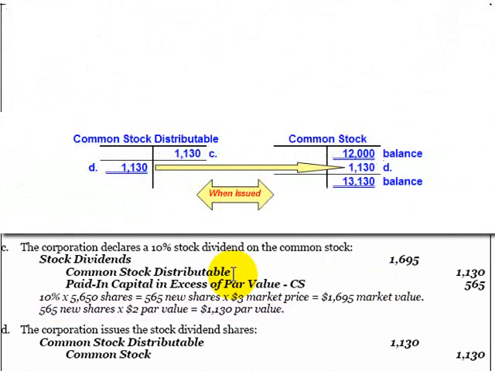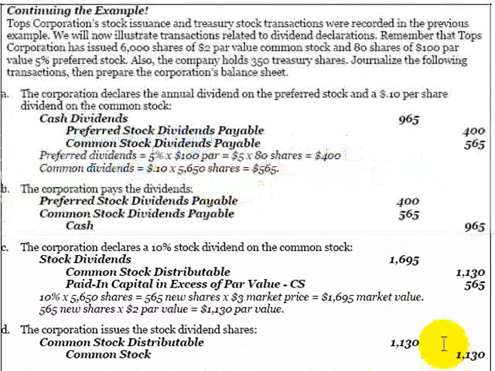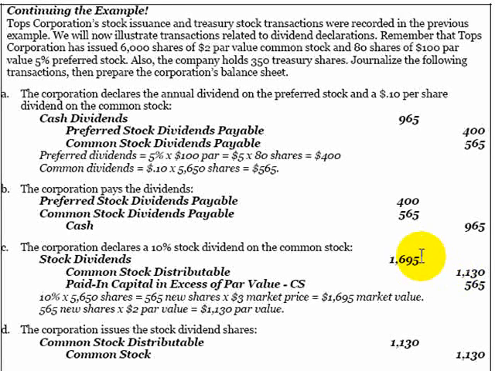Later, when we issue the shares, we'll be taking that balance out of common stock distributable and putting it into the common stock account. Since the par value of the shares goes into common stock distributable, the difference between the par value and the market value of the stock will be recorded in a paid-in capital account.